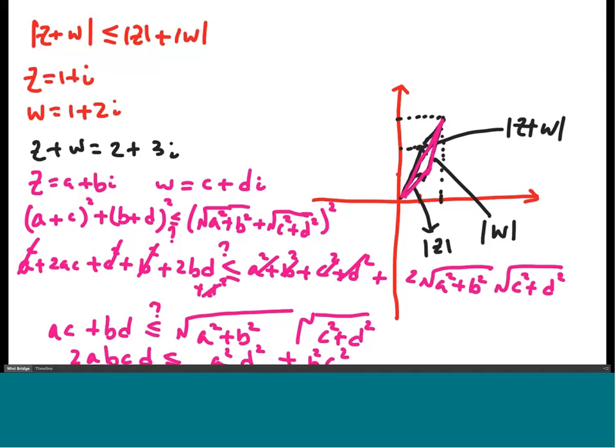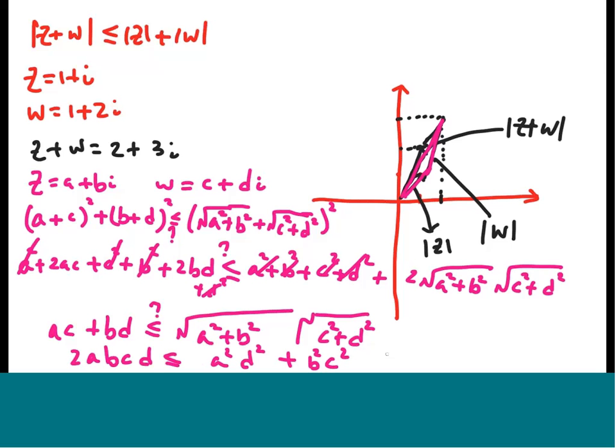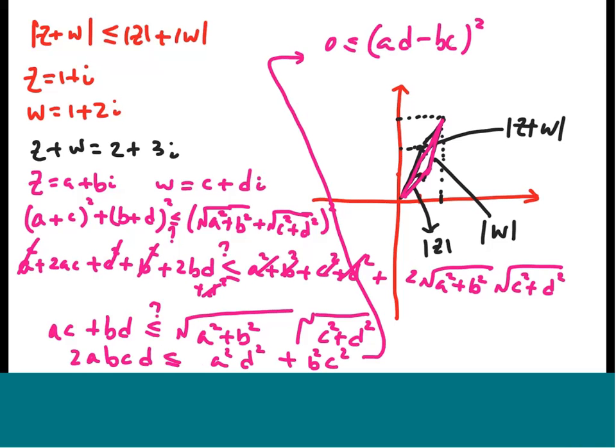So this is what you need to prove, right? But this one is the same as 0 less than (AD minus BC) squared. This is always true.